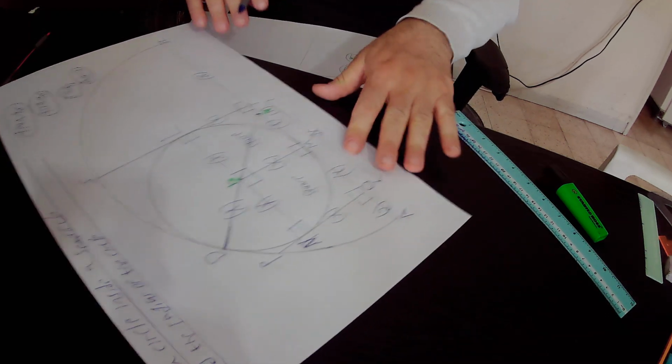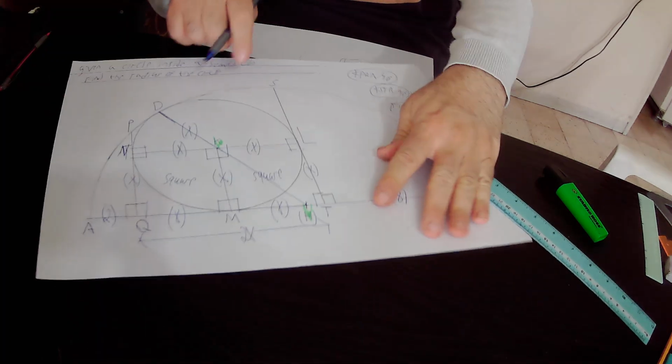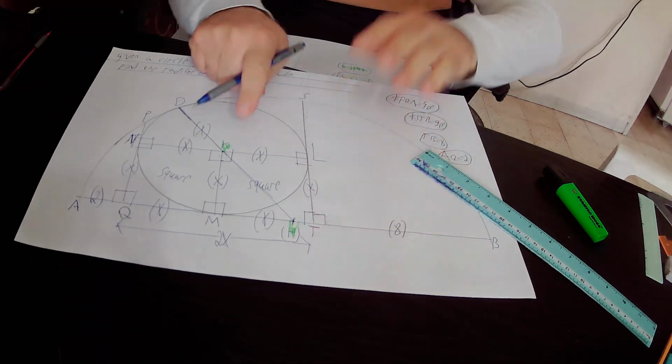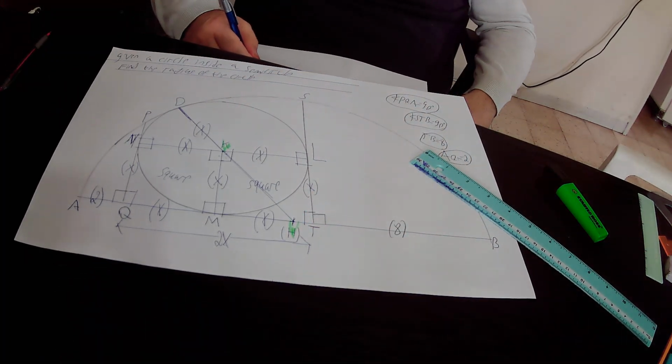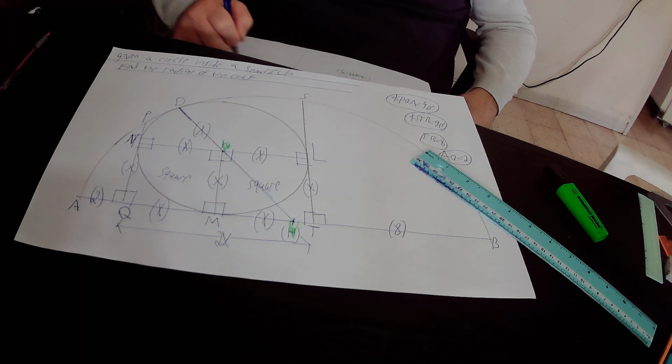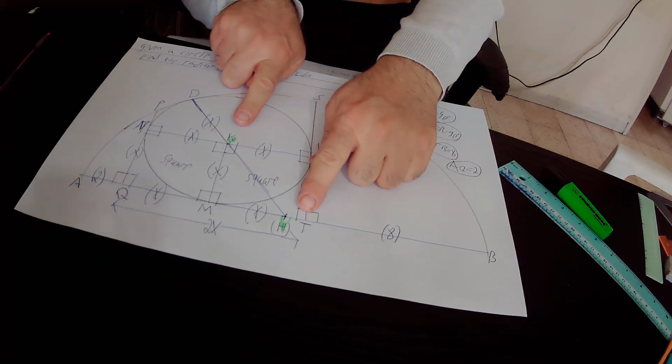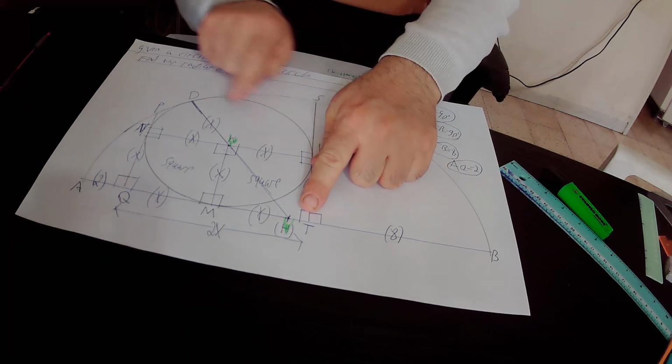What is the value of the missing side KH? From the drawing, it is very easy to see that KH equals DH minus DK.